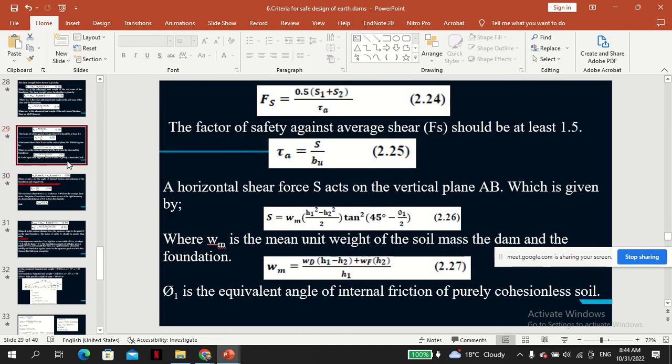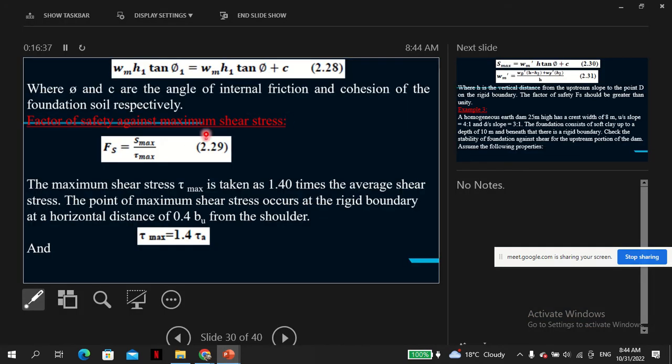So if you have a question, please feel free to interrupt and ask. So the maximum shear stress is taken as 1.4 times the average shear stress. The point of maximum shear stress occurs at the rigid boundary at the horizontal distance of 0.4 bu from the shoulder.